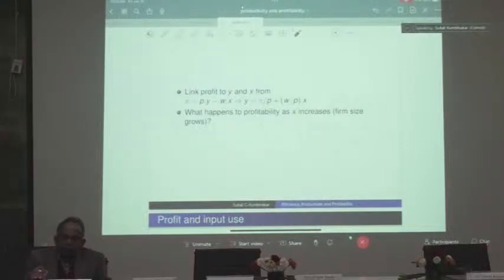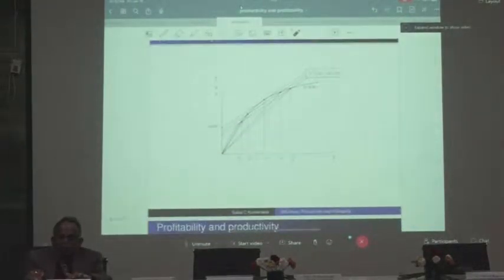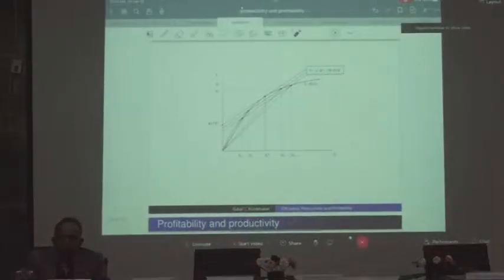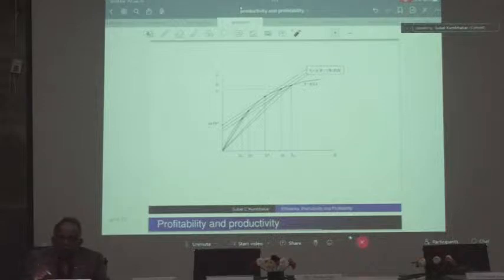So let's put that relationship in the same graph. It looks a little bit complicated, but I will explain that it's not complicated at all if you go through it. So this line here is the production function that I have done before.